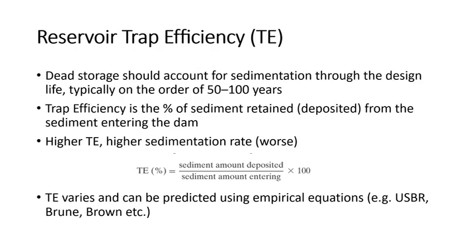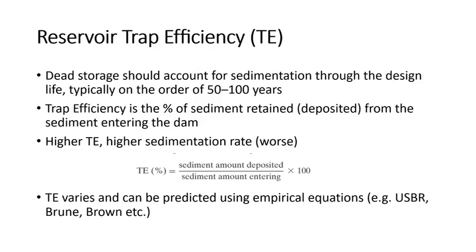Just note that the typical usage here is we first estimate the trap efficiency, or the percent of the sediment that will be retained, and then we collect data of how much sediment is entering the dam or will enter the dam. From there we can calculate the amount of sediment that will be retained by multiplying the amount of sediment entering the dam times the trap efficiency.